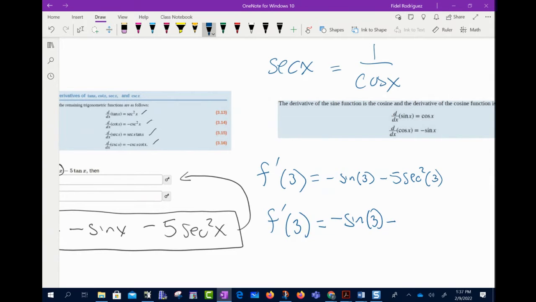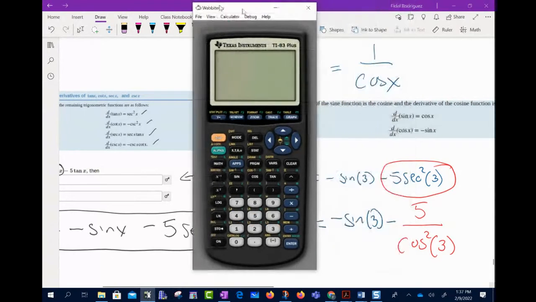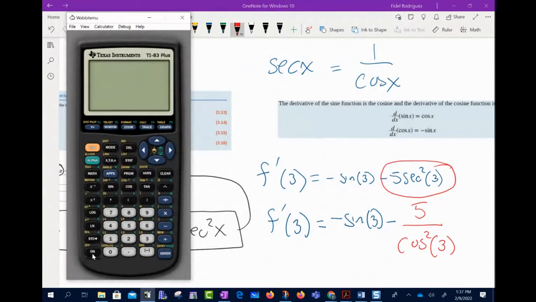So secant x, guys, is the same thing as 1 over cosine x. I'm talking about this because when I get to the evaluating part, I'm going to leave my 5 alone and write this as 5 over cosine squared at 3. The reason is that I think it's going to be easier to plug this into your calculator.